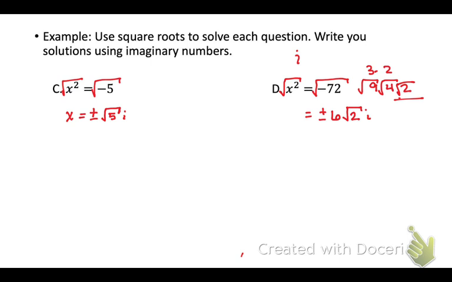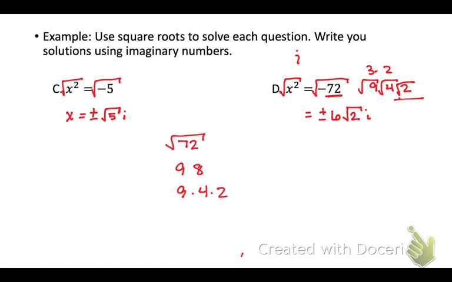Wait, how do you get 9, 4, and 2? Okay, because 9 times 8 is 72. 9 is a perfect square, but then you have to. We did this a lot last year in geometry. We had to simplify a square root. So if I have the square root of 72, 72 is 9 times 8, which is 9 times 4 times 2. But there's a perfect square in 8, so you got to keep going.